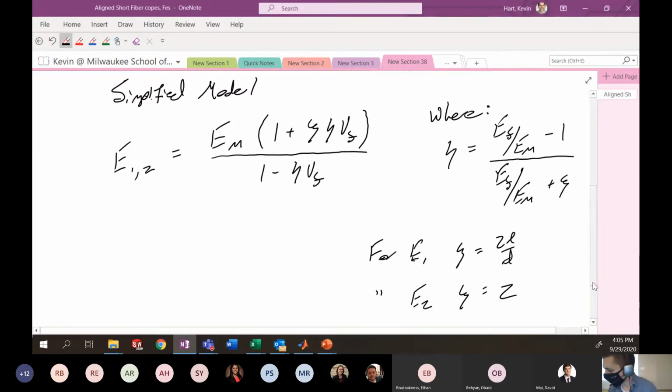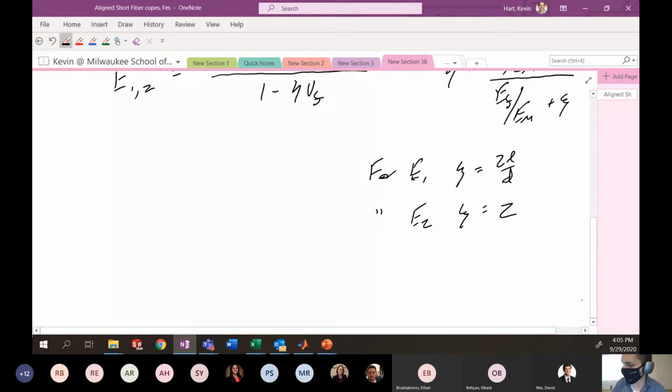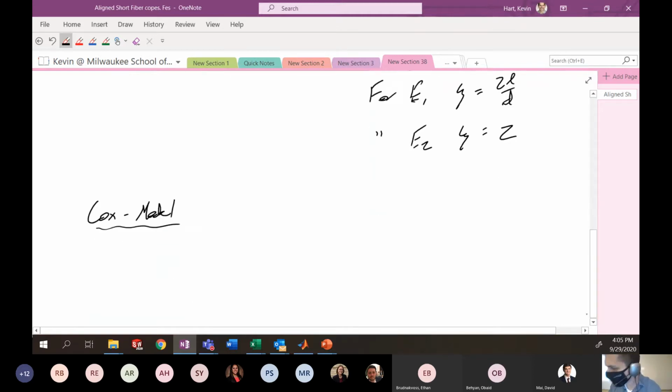So we took that and ran with it using the mechanics of materials parallel model, assuming a mean stress that the fiber could hold. So here, the Cox model. The final form for modulus in the one direction looks very similar to the rule of mixtures, except we have kind of a fudge factor.